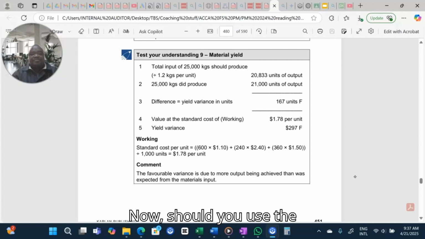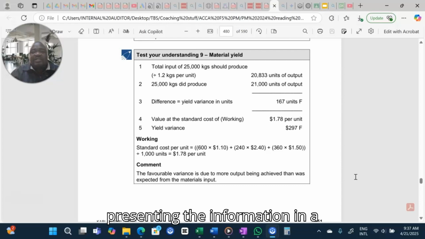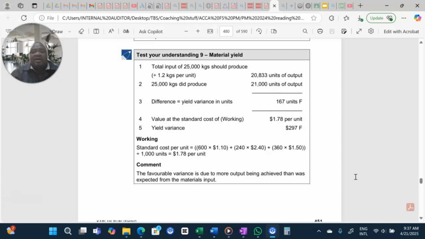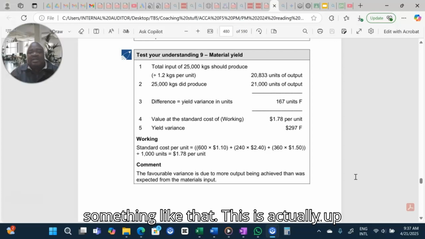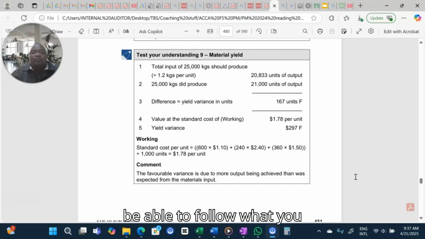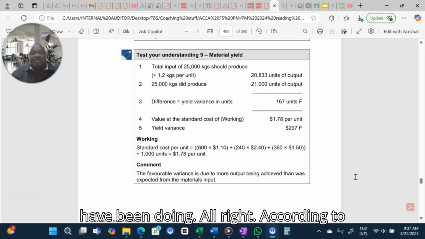Now, should you use the table or present the information in a simplified way, and then maybe try to do a weighted approach, something like that? This is actually up to you, but you need to then be able to follow what you have been doing.